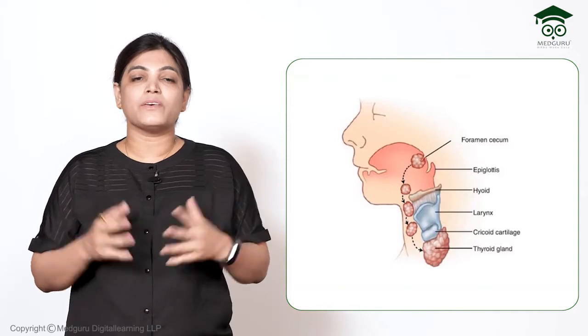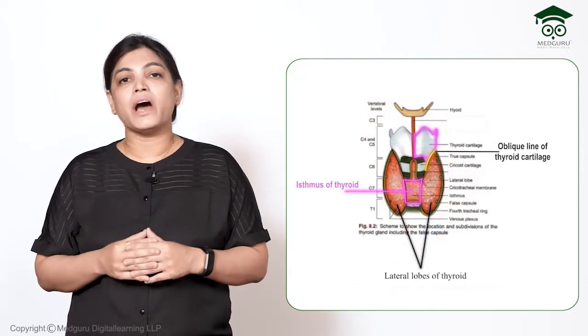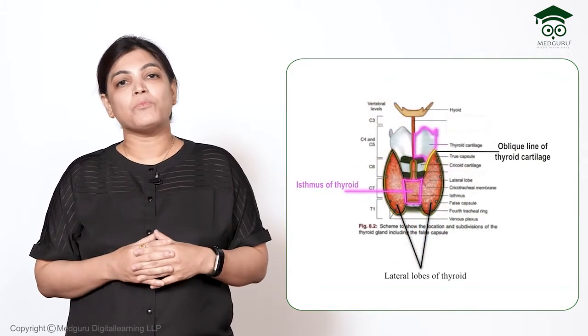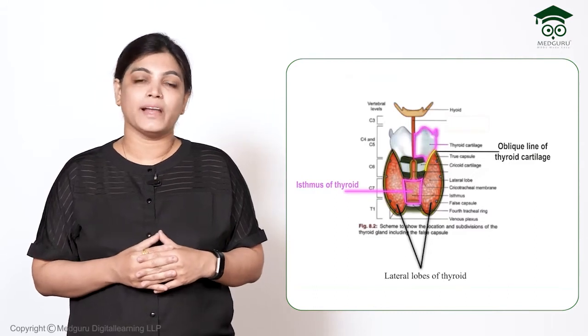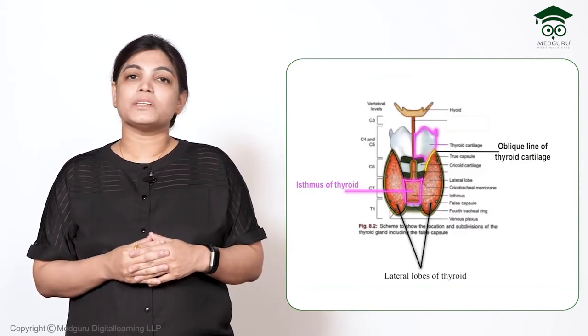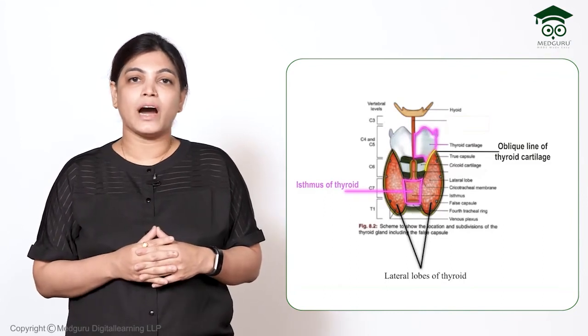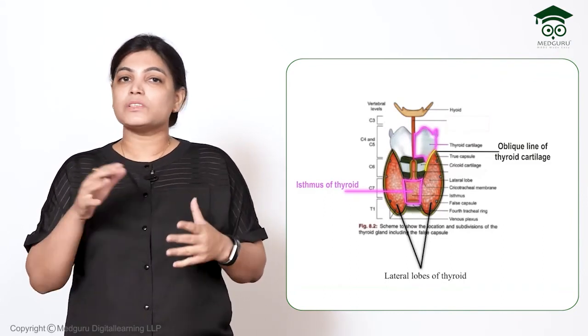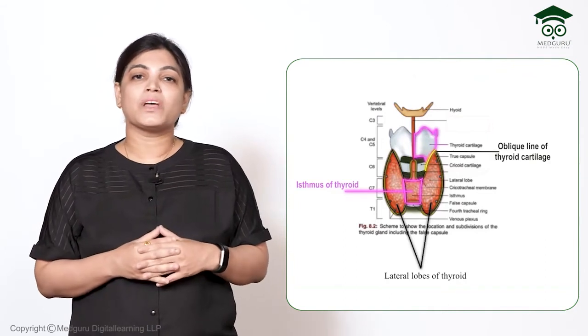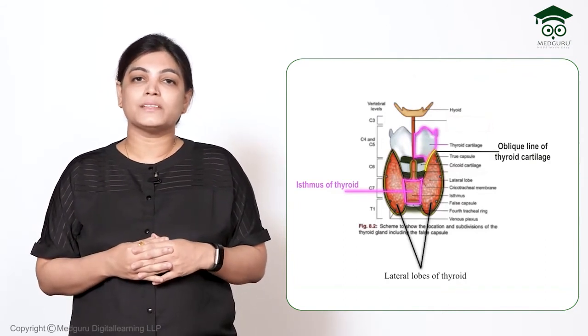So we have discussed the thyroid gland in detail. Along with the thyroid gland, I would like to give some important points about the parathyroid gland. The parathyroid gland is an important endocrine gland that gives the secretion of parathyroid hormone. Along with it, it is also involved in calcium metabolism. The relation of the parathyroid gland is important.